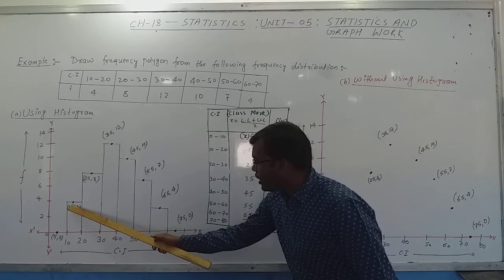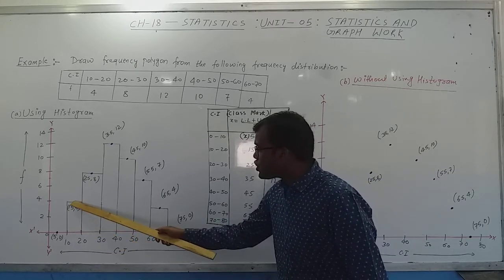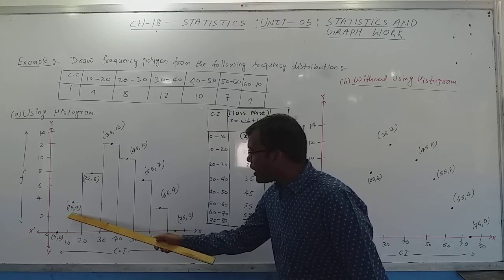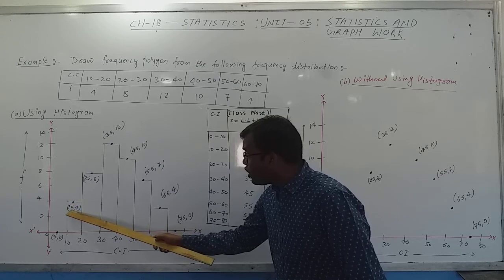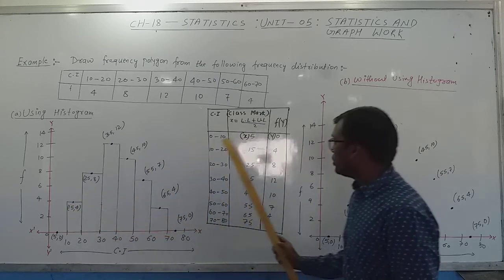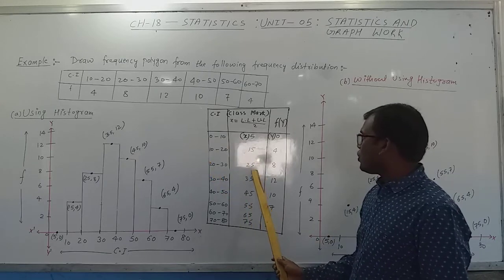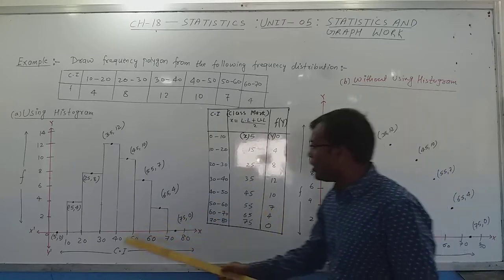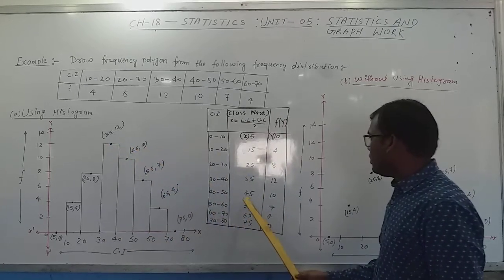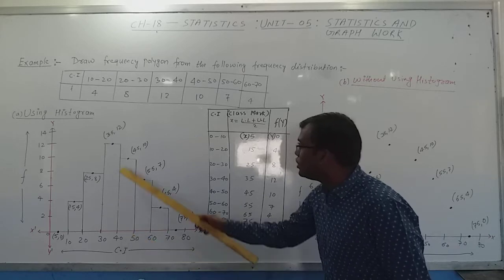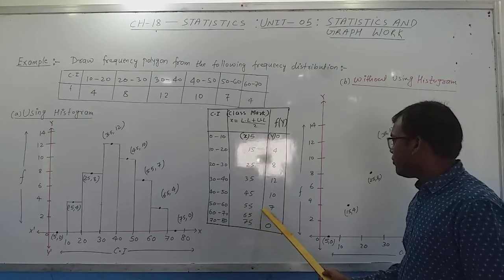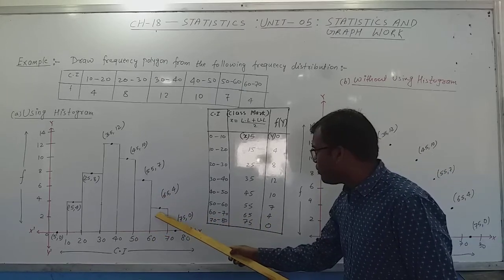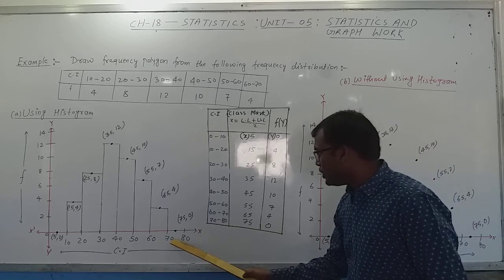So on this histogram column, draw one circular point and write the corresponding coordinate 15, 4. Similarly 25, 8; similarly 35, 12; similarly 45, 10; and then 55, 7; and then 65, 4; and then 75, 0.